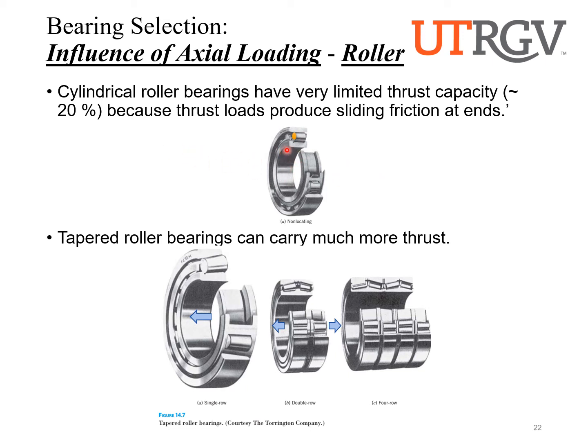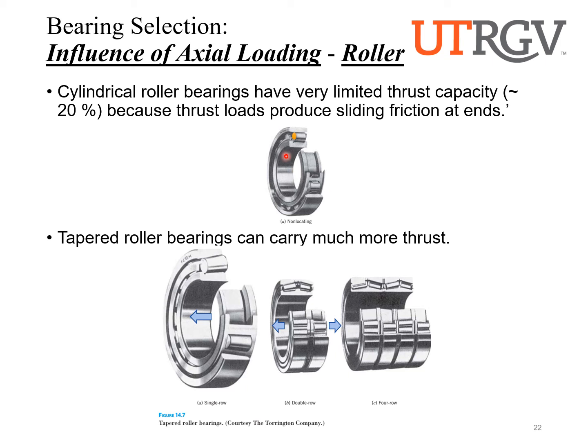What will happen is the rolling cylinders, for example, are going to start rubbing at the faces of those rollers. It's going to increase the friction, and it's going to effectively reduce the life of that bearing. So for these types of bearings, that thrust capacity is about 20% of the radial. You go higher, and then the service life is going to decrease very quickly.